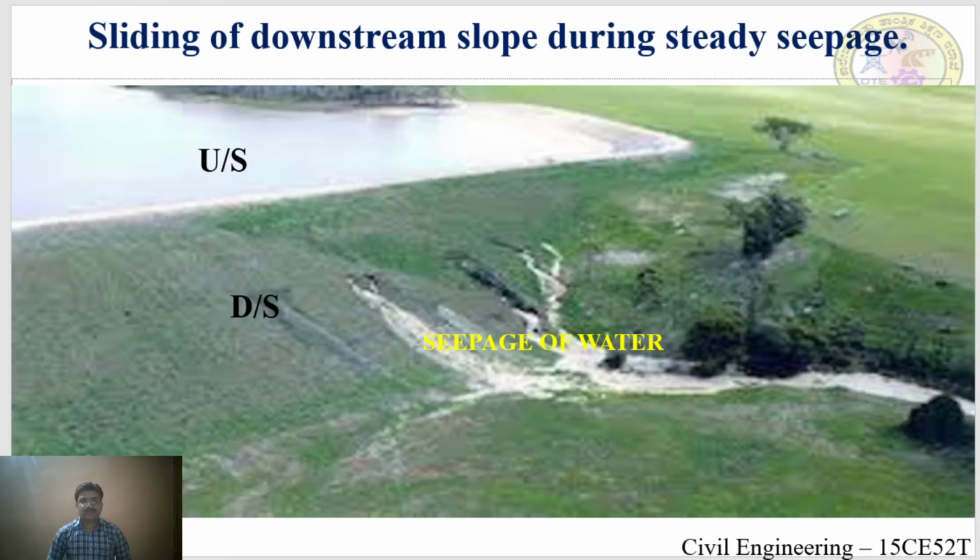Now, the sliding of downstream slope during steady seepage of the water. Due to capillary action and the small holes, gaps or voids present in the earthen dam, the water starts seeping out from the upstream side to the downstream slope. This is the pictorial representation which represents the steady seepage in the downstream portion of the earthen dam.